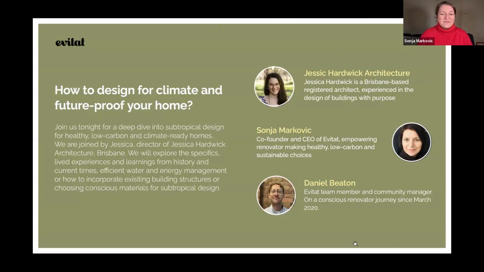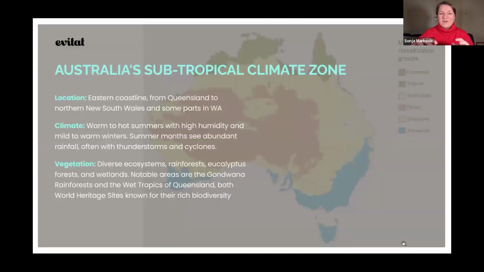So let's dive into the topic from the top, and then we'll work our way through. What I've added here is first an understanding of where the subtropical climate zone is. It stretches from the northern New South Wales up to fairly far into northern Queensland.